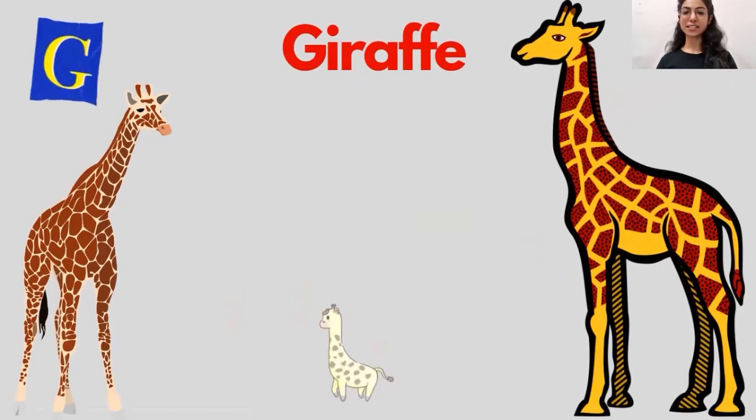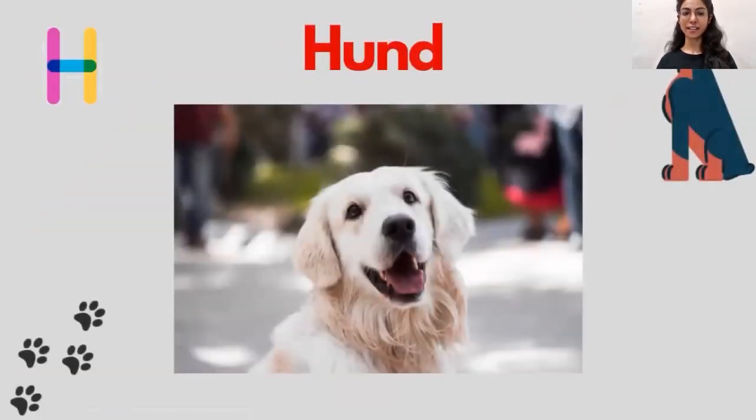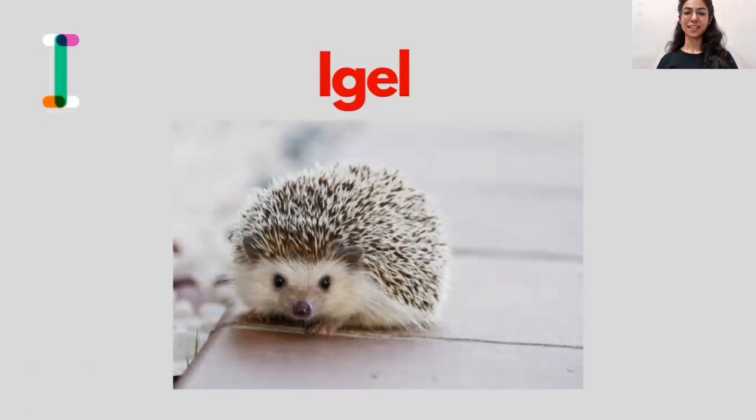Then the next is H. H is H in German. H is H. The next is I. I is E. Like we read, E is A and I is E in German.